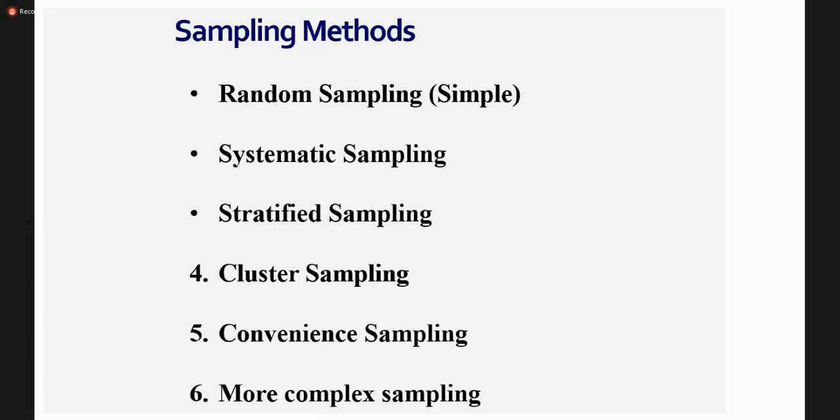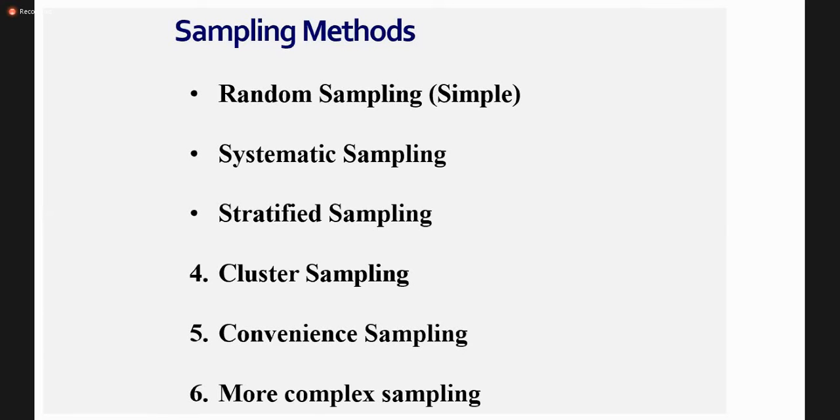The top 4 sampling methods are considered scientific and less biased or minimal bias sampling methods. The fifth one, convenience sampling, is haphazard sampling. It has more bias, and a researcher should try to avoid haphazard or convenience sampling.